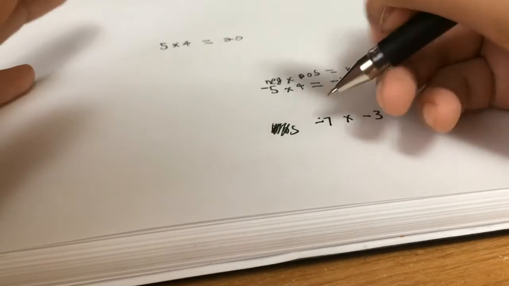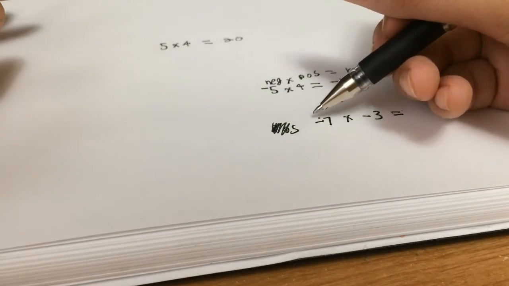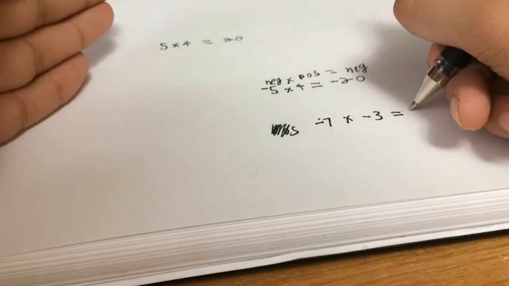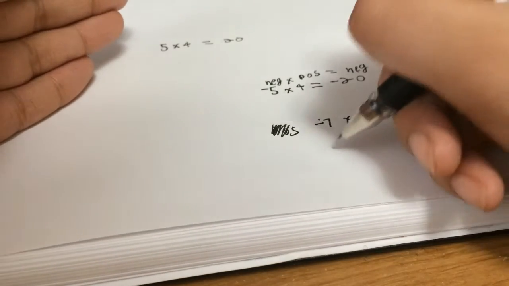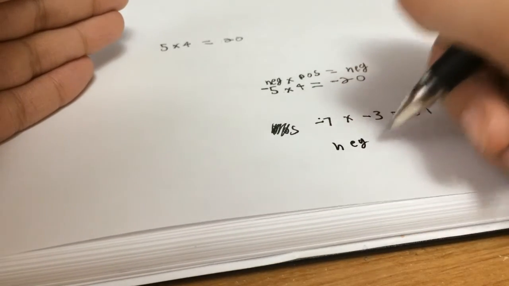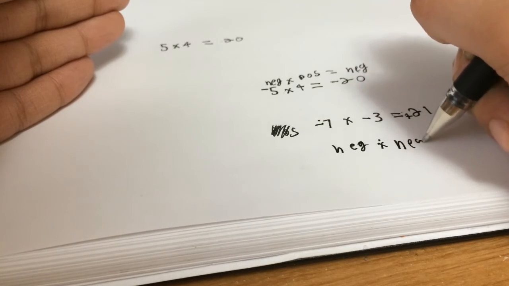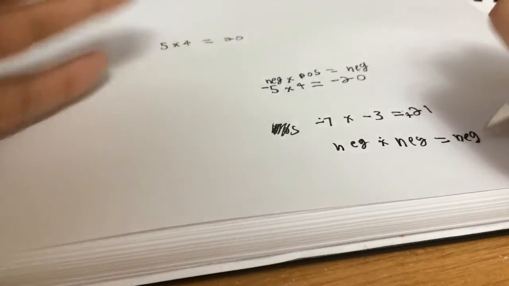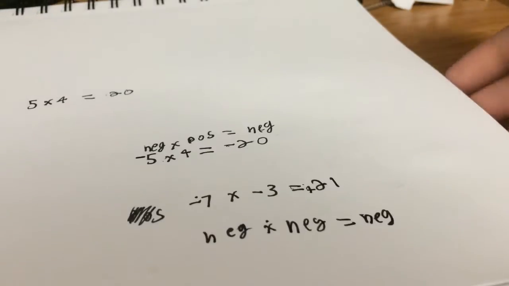No. When you have two negative numbers in a multiplication question, the negative numbers just cross out, and then the answer would be a positive number, so it would be 21, positive 21. So a negative by a negative would equal a positive. That's what that would equal.